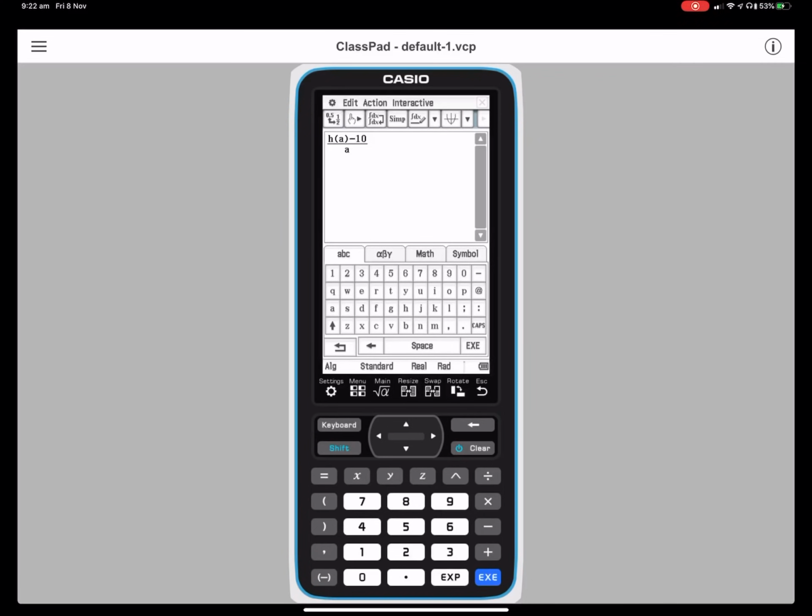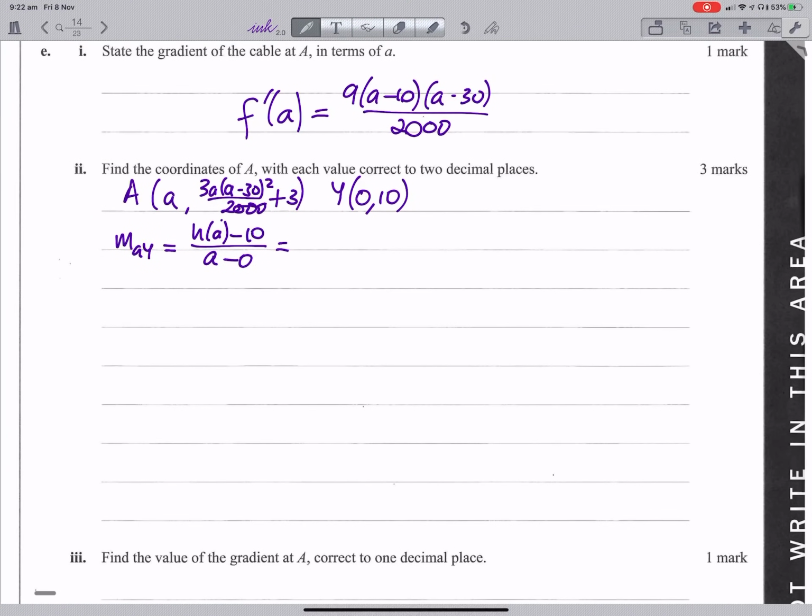Okay, now that equals 3a minus 30 squared on 2000. Is that plus 7, was it? Minus 10. Minus 7 it's going to be, on a.